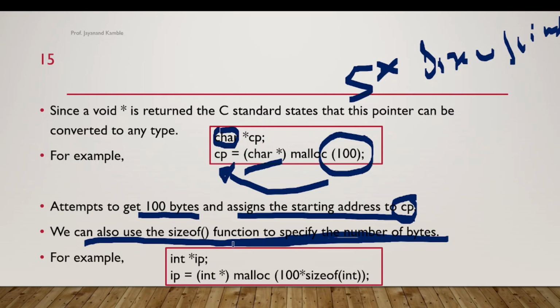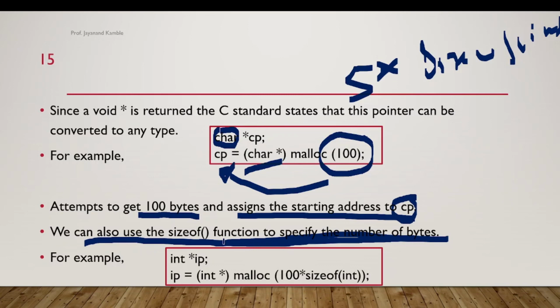For example, it is pretty simple. int star ip, ip for integer pointer, equal to int star malloc 100 into sizeof int. The number of elements is 100, and sizeof int is 2, so 2 into 100, 200.